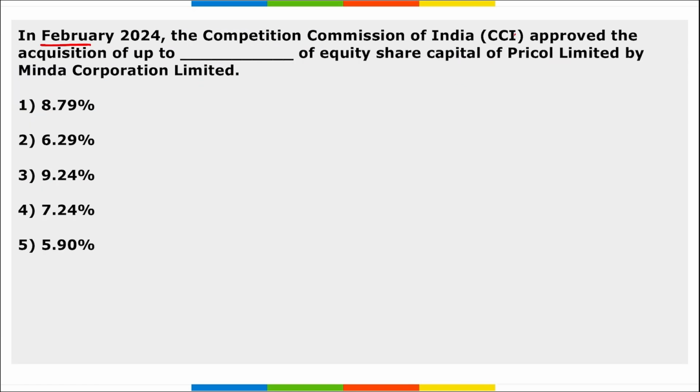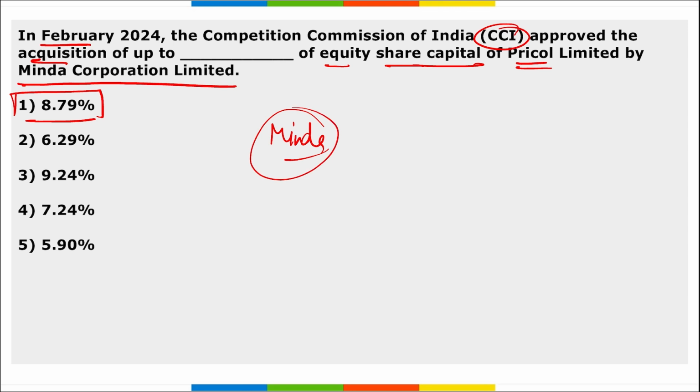Next, in Feb, CCI approved the acquisition of up to 8.79% of equity share capital of Precol Limited by Minda Corporation Limited. So, CCI approved the acquisition of up to 8.79% stake, and who will be acquiring? It will be acquired by Minda Corporation Limited, and who will be acquired?